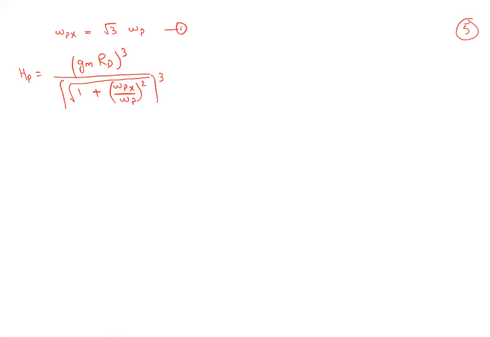H p should be less than 1. Clear it? Less than 1 kyun hoga? So that we can have our system stable. What we mean, we can put omega px in the expression.